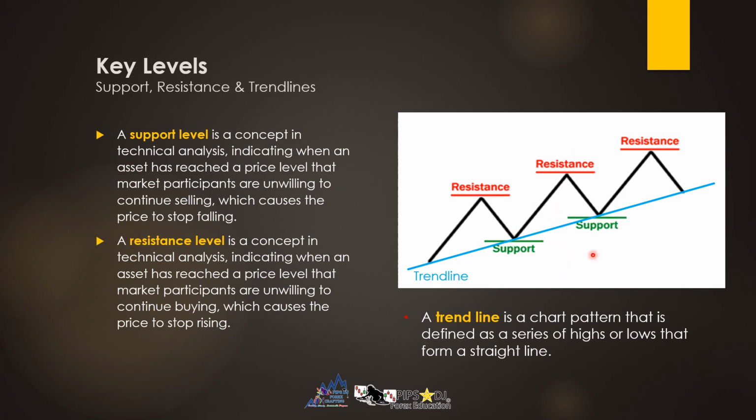Two or more supports joined together by a line, with that line being extended, will form what is called a trend line. That's the blue line you see here. So these three concepts can tell you what to look for in terms of what is coming next in the market. For example, at this point here, let me just grab a pen.